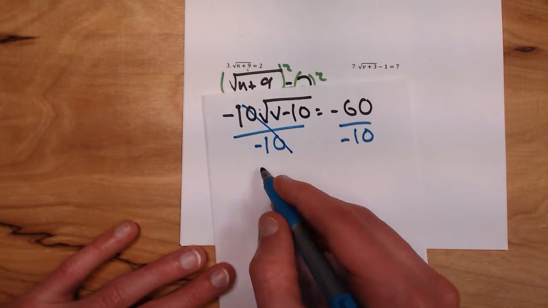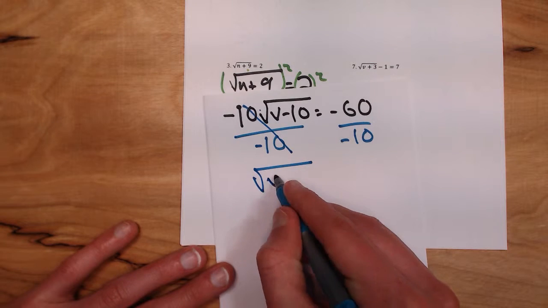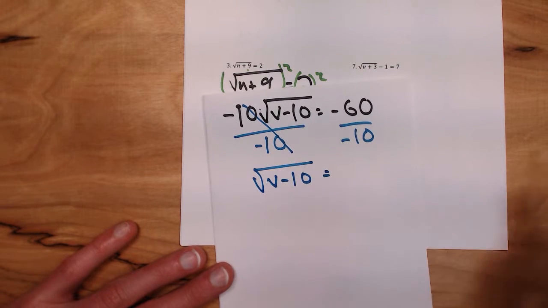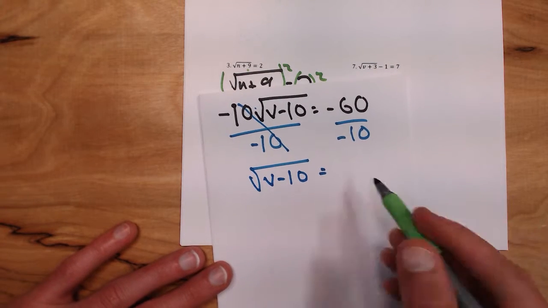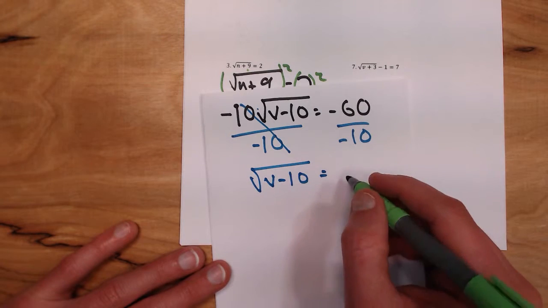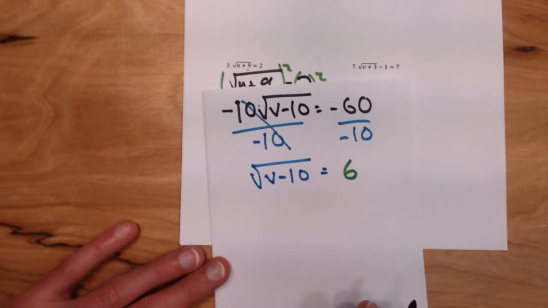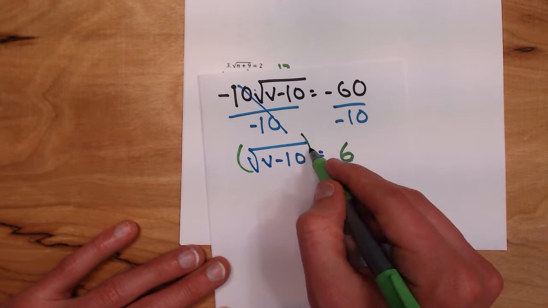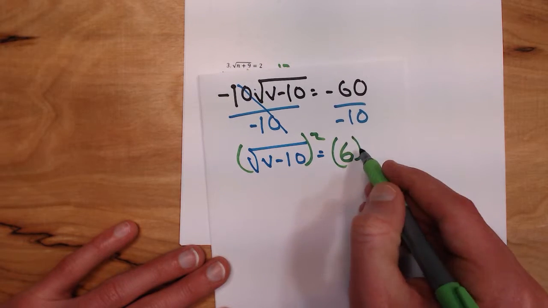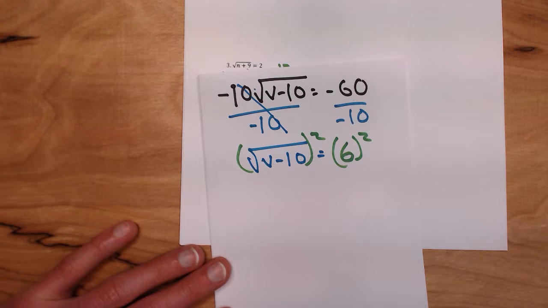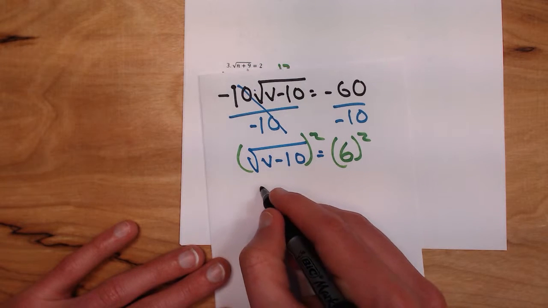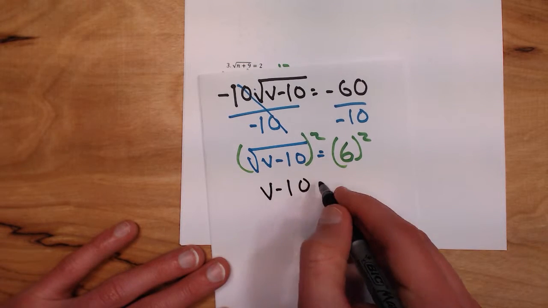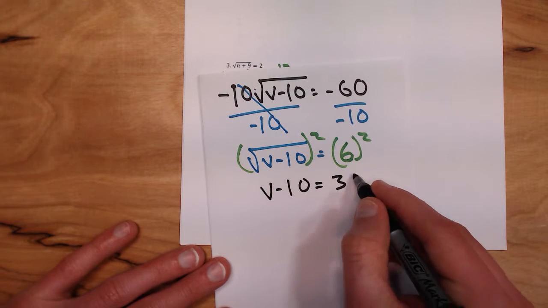Okay, these cancel. We're left with the square root of (v minus 10) equals negative 60 over negative 10. You can use your calculator. You'll get 6. Now, to get rid of the square root like last time, I need to square both sides, because the opposite of square rooting is squaring. Now I have v minus 10 equals 36.